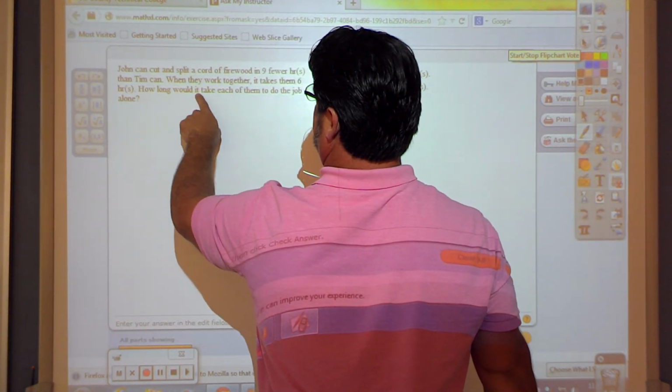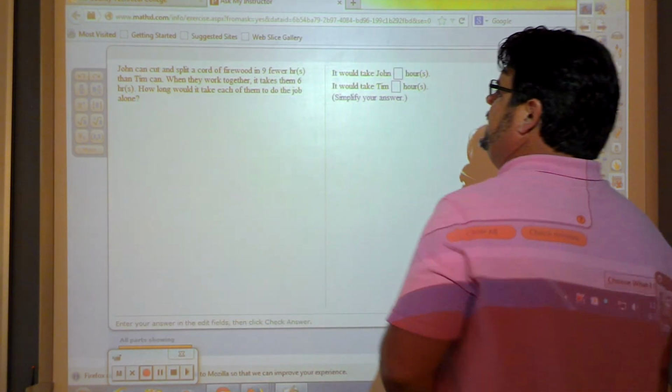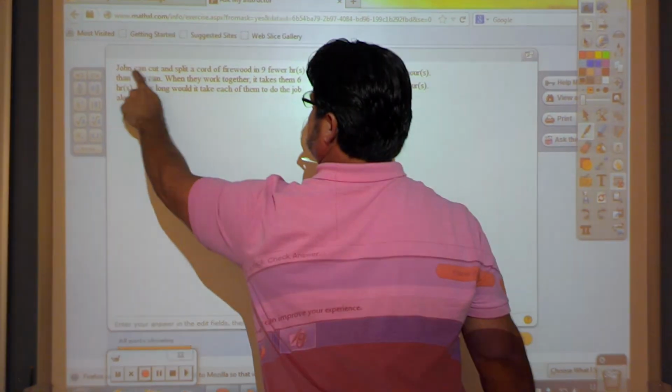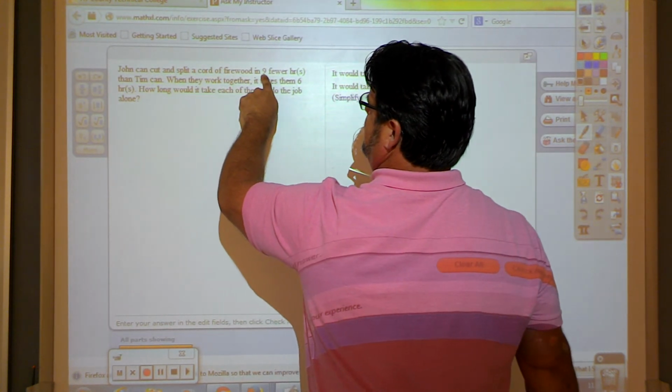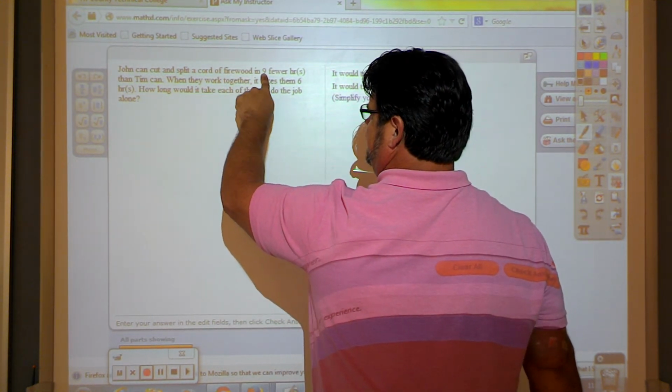How long would it take each of them to do the job alone? Well, we have to do it a little bit different because of the 9 hours fewer. What is John's time? John can cut and split X firewood, minus what? 9. All right, and you got to remember that.